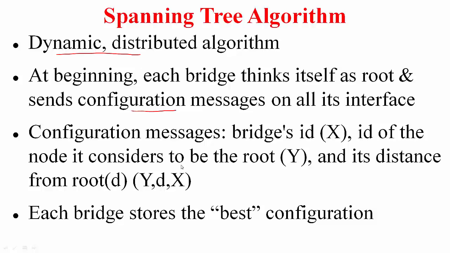It's basically this 3-tuple where X is the ID of the bridge that is generating this message. D is the distance to Y, which is the root bridge, what it considers to be the root bridge. Now, each bridge is going to receive such configuration messages from its neighbors, and based on that, it is going to store the best configuration.